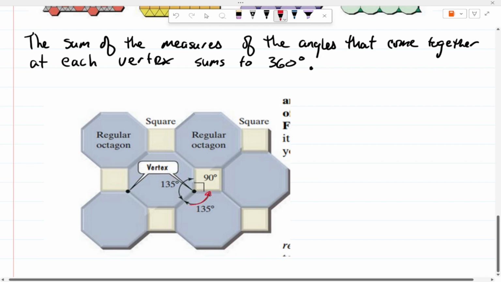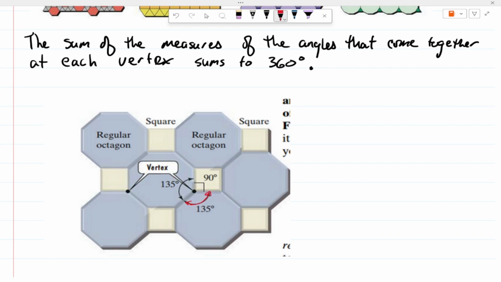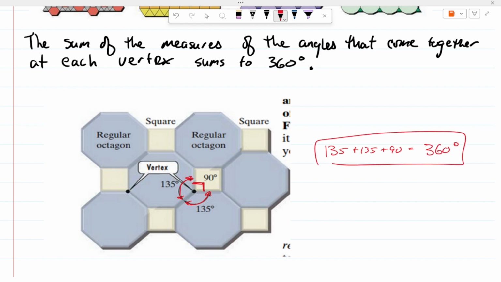If you take this angle right here, which is 135 degrees, this angle right here, which is 135 degrees again, and then this angle formed by the square, which is 90 degrees, and you totaled all these up, that equals 360 degrees, which is the requirement. It has to do this.